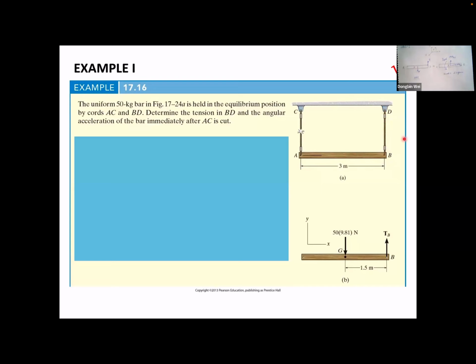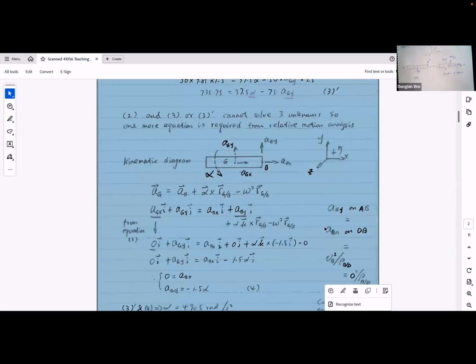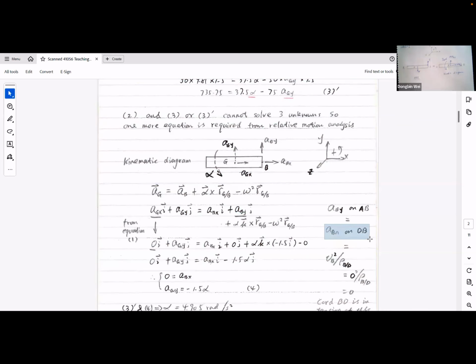Now, go back to this solution. If ABY on AB is equal to ABN on cord DB, then how to calculate ABN?